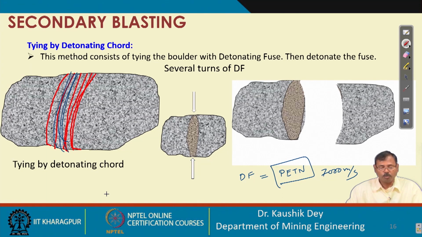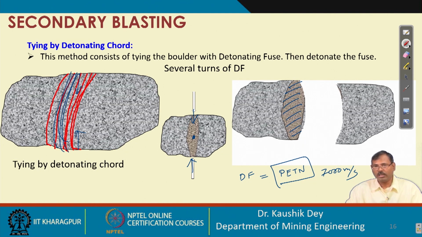By wrapping, this gives detonating pressure in both directions, this part in the bottom and this in the top. From all around, the energy concentrates at the center of the boulder, creating a damaged surface like this, and this will disintegrate the boulder into two pieces.